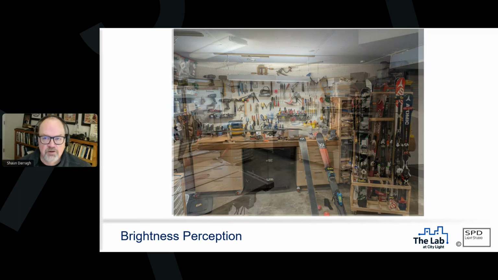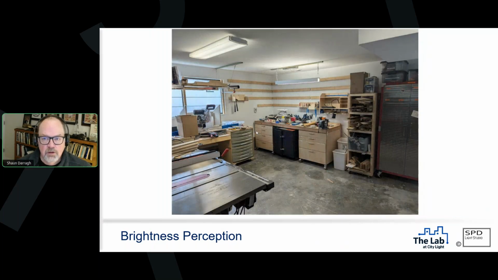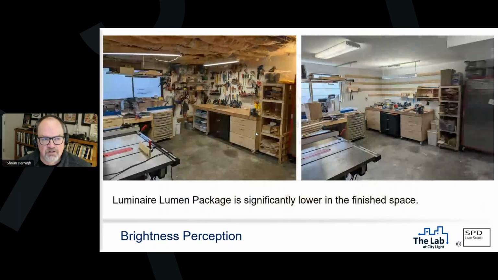Fast forward again to when I got a chance to drywall the walls as well and then paint everything, and it has a completely different perception, right? The biggest things that have changed from the first to the second are the surfaces, right? And actually, I will also say that the lighting is using half as much power, literally half as much power in the image on the right as it is on the left.